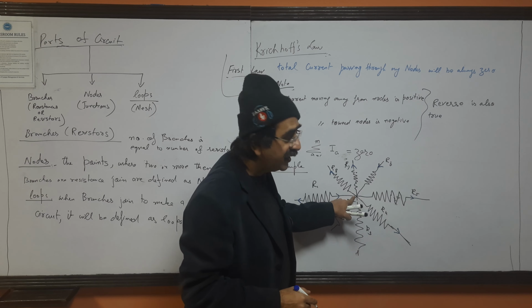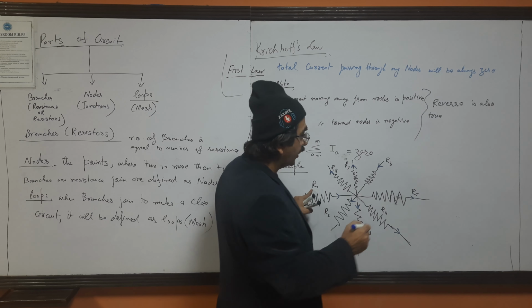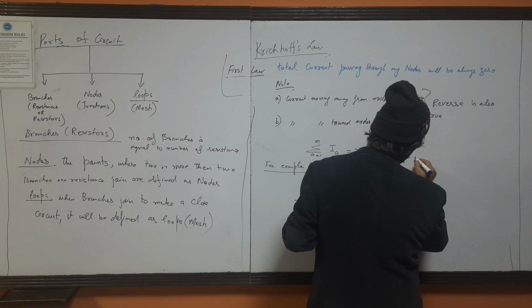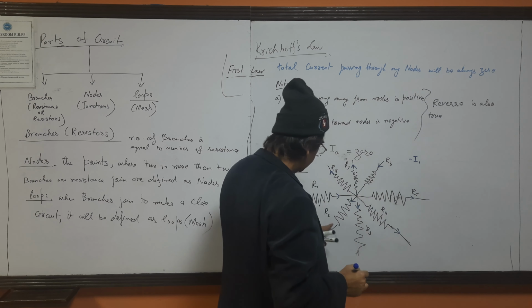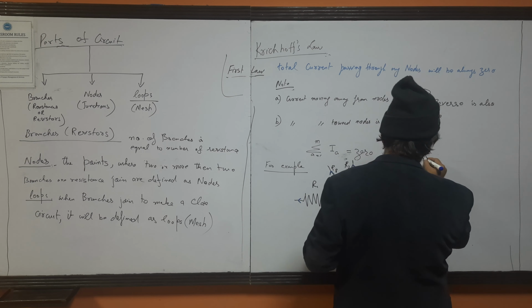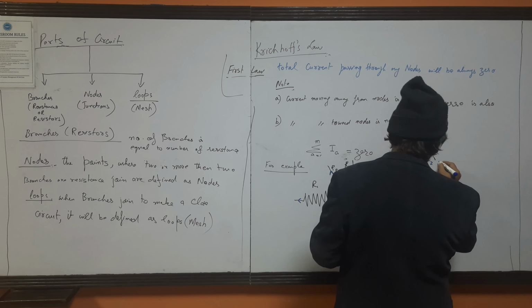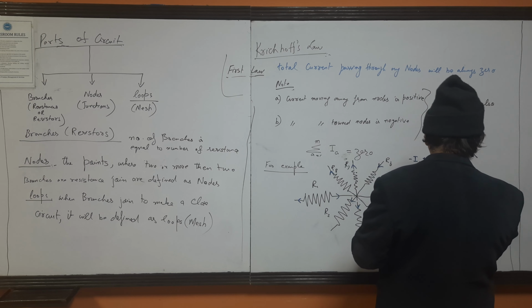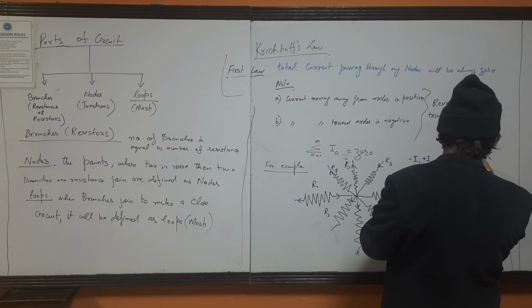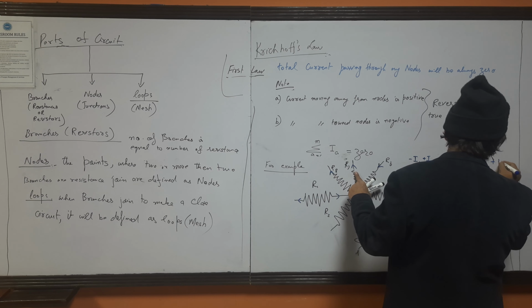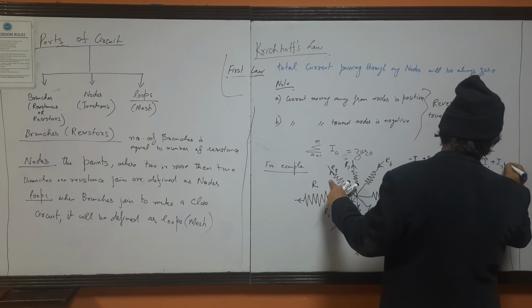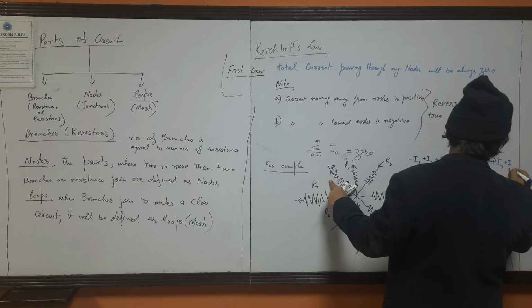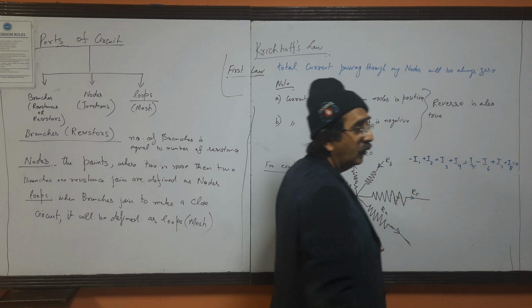If incoming is negative, then our I1 will be negative, I2 will be positive, I3 will be positive, I4 will be positive, I5 will be positive, I6 will be negative, I7 will be positive, and I8 will be positive, sum 0. Okay, got it?